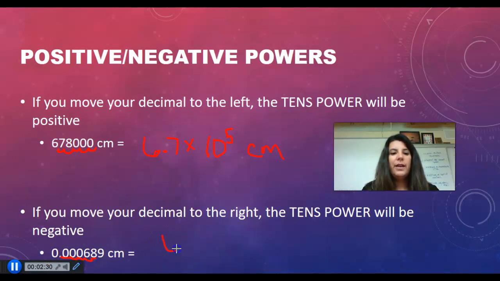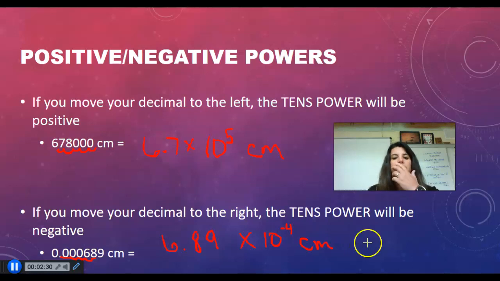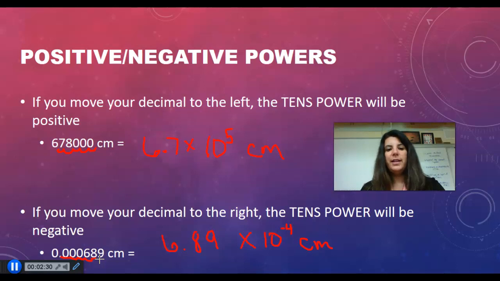So we have 6.89 times 10 to the negative 4th power centimeters. Because we moved the decimal place to the right, the power of 10 becomes negative.